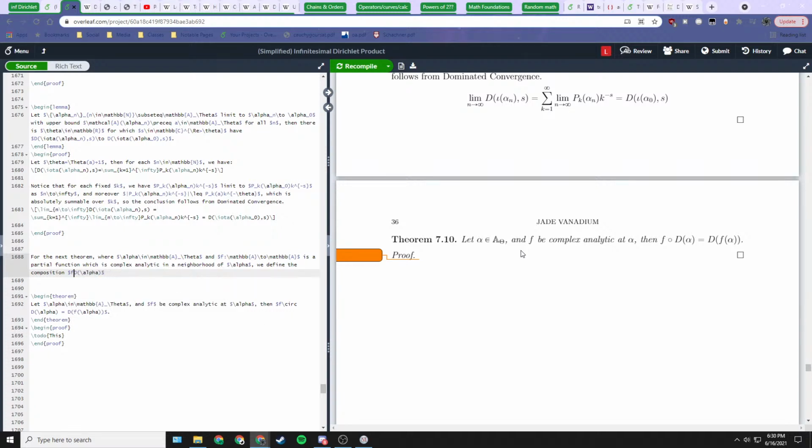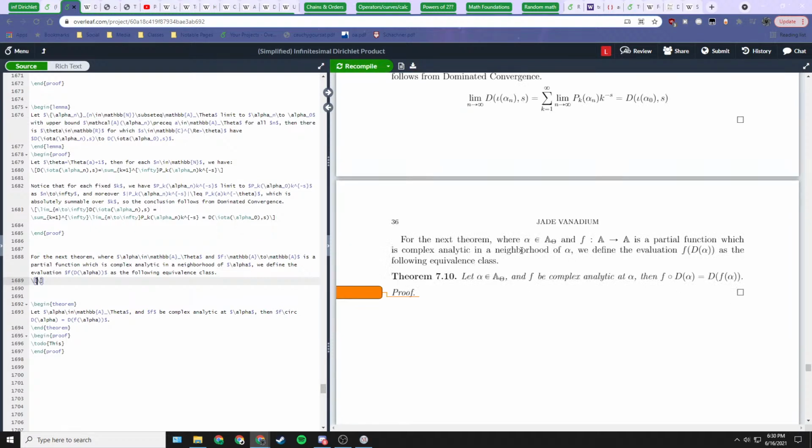Actually, maybe I can't just define this as an evaluation. Okay, so what we're saying is, now we're going to use this language.